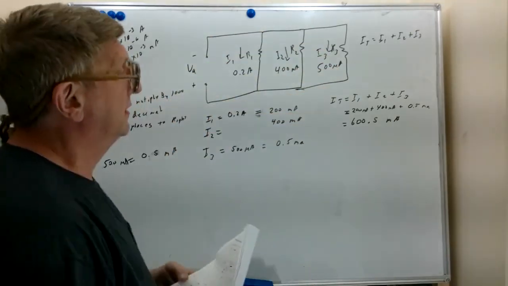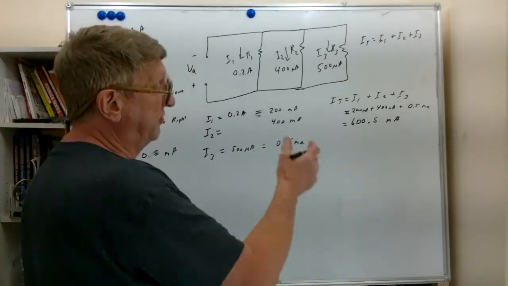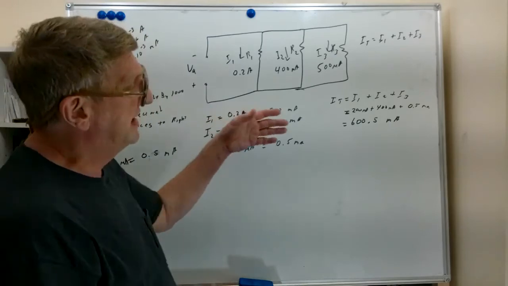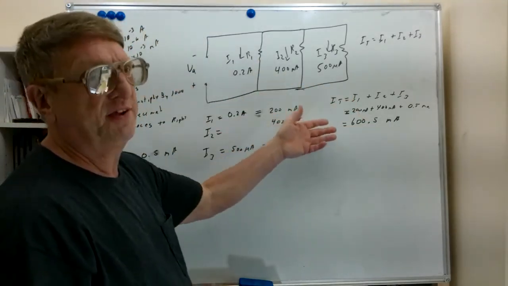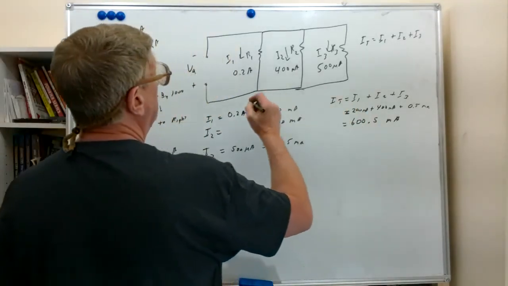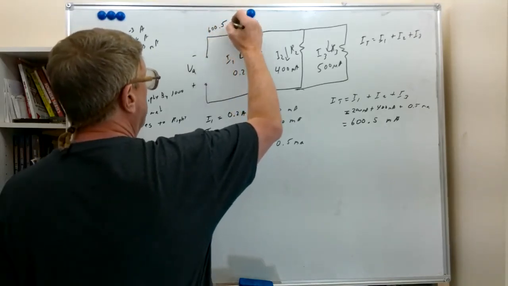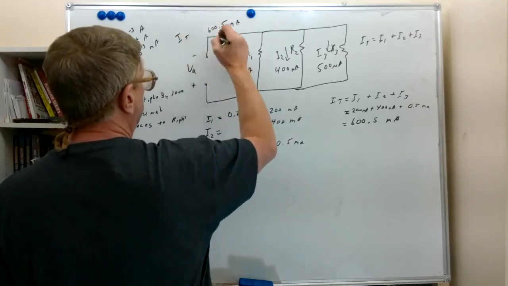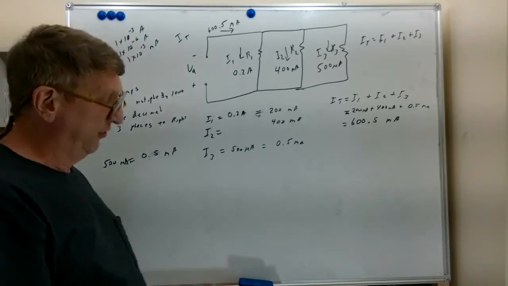So what we demonstrated here is that this parallel total current formula works with these smaller values too, but we had to convert them all into the same unit to add them up. You can't add milliamps and amps. And what we find by totaling these up is 600.5 milliamps total being supplied by our power source.